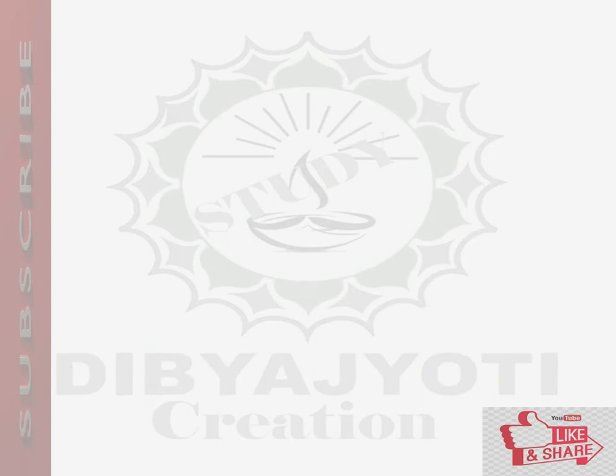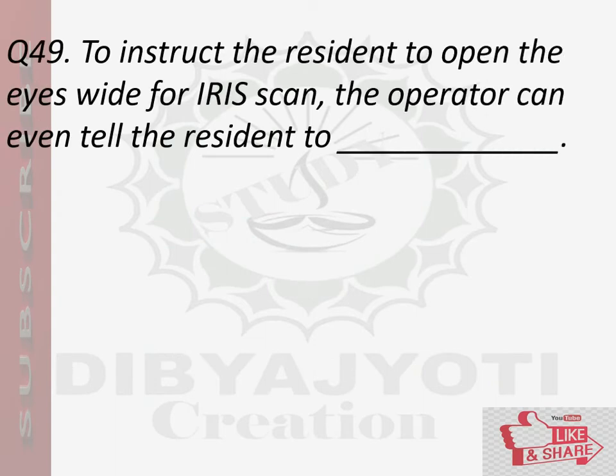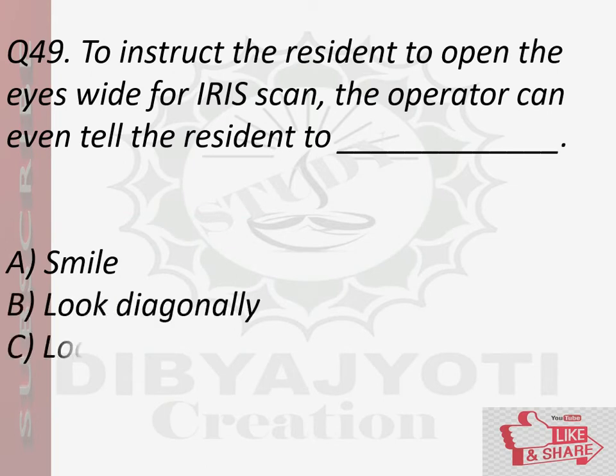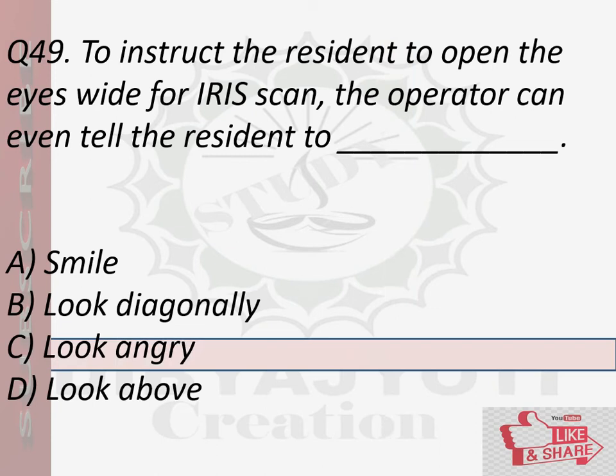Then next, question number 49. To instruct the resident to open the eyes wide for iris scan, the operator can even tell the resident to dash. Options are option A, smile, option B, look diagonally, option C, look angry, option D, look above, and answer is option C, look angry.